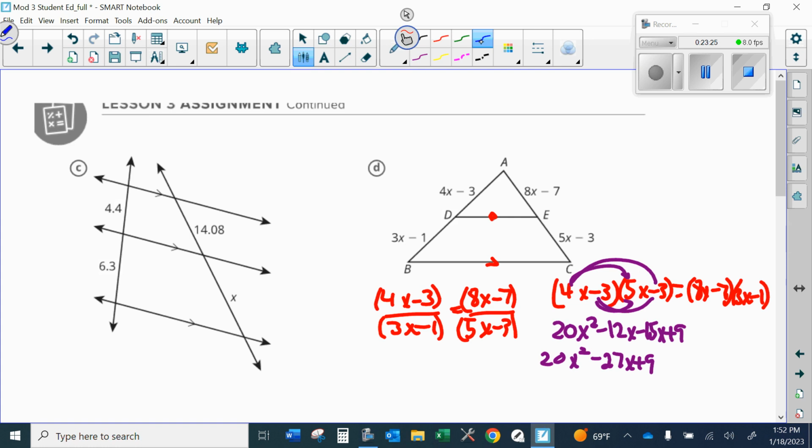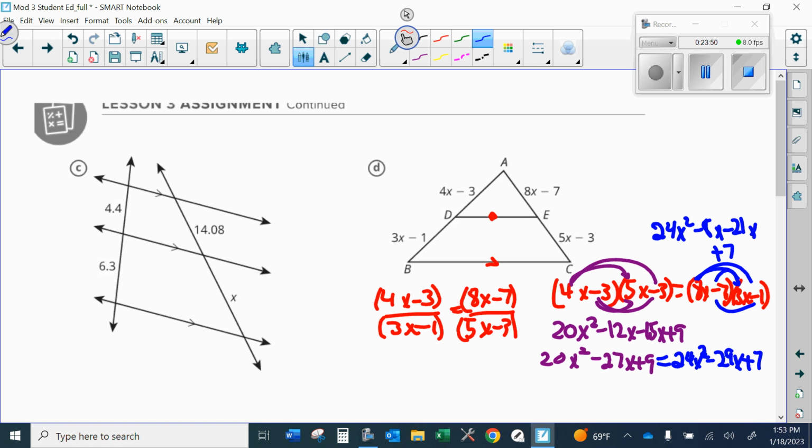Okay, now we do it here. I'm going to do this one up top. 24x squared minus 8x minus 21x plus 7. Combine like terms, and I get 24x squared minus 29x plus 7.